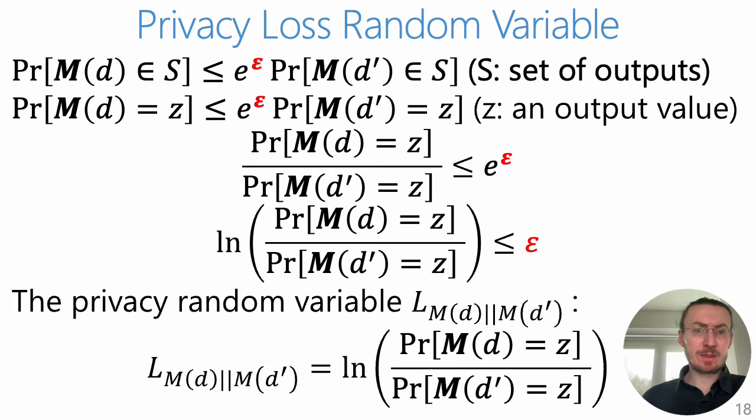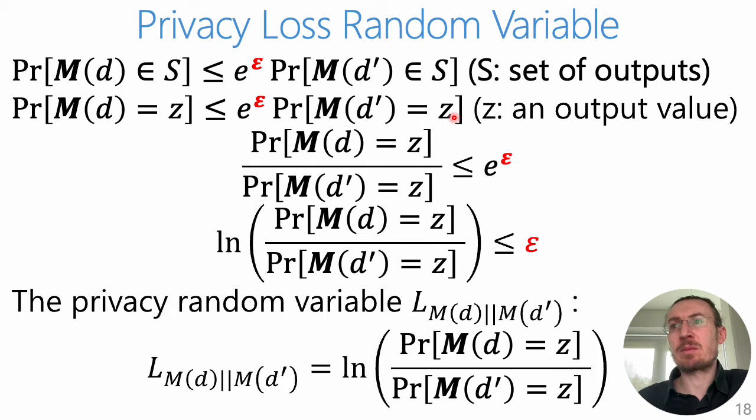So to explain the moments accountant for accounting privacy leakage during training of ML models, we have to introduce a few additional concepts. Here let's go back to the initial definition of DP. The initial definition considers that we have S, upper S, which is a set of outputs. And then, just for simplification, here we consider that instead of having this set S, we have some output value, lower z. This is a single output from a mechanism.